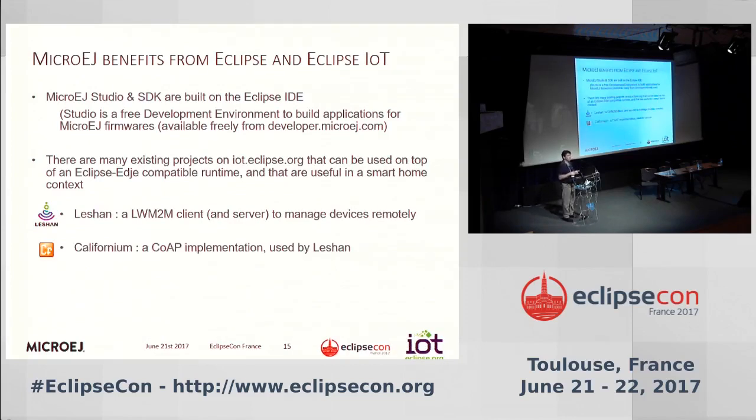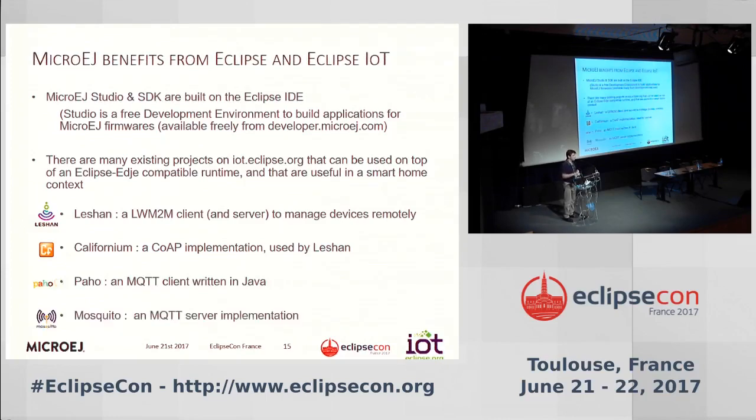Californium is the implementation of CoAP provided by the Eclipse community, and it's used in Leshan. Paho is an MQTT client. There are different MQTT clients, but one of them is written in Java, and you'll see that it can run on top of Edge and MicroEJ.